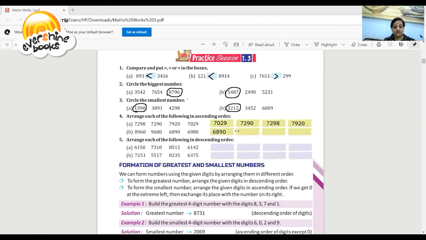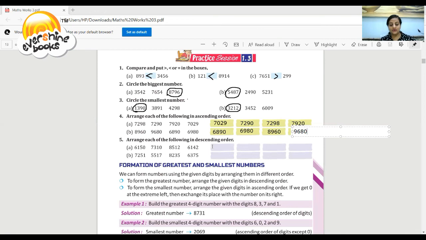Now next will be 6,980, which is bigger than that, but smaller than the other numbers too. So next will be 8,000, because 9,000 is bigger. 8,960 will be the next number. After that 9,680 will be the last and the biggest number. Got the point? Okay, students.